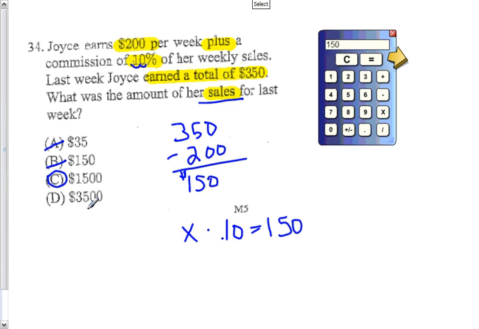Now let's talk about why answer choice D is on there. Answer choice D is if you took 3,500 and multiplied it by 0.10, you would get 350, which is the amount she earned total. But if you'll recall from the previous statement, the amount she earned total includes her commission plus a $200 weekly pay.